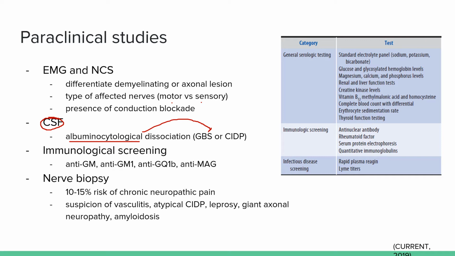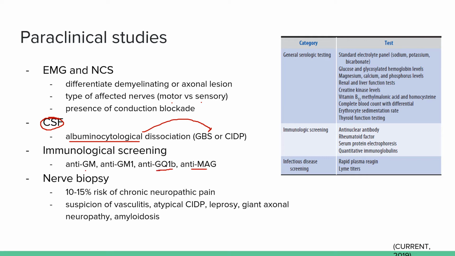Immunological screening, this is where we investigate specific antibodies that we expect to find in the disease we're suspecting. Some of these are anti-GM1, anti-GQ1B, and anti-MAG antibodies.